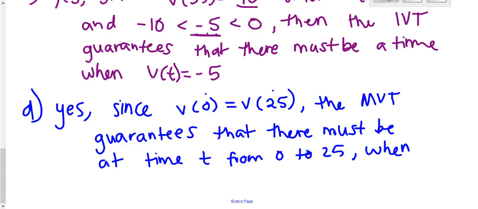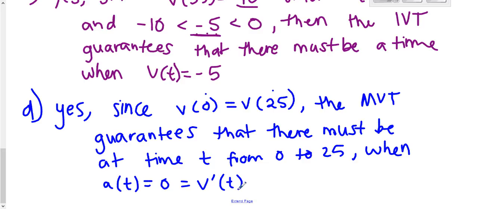When the acceleration is equal to 0, because we have to just note that the reason why this is because the derivative of velocity is equal to the acceleration.